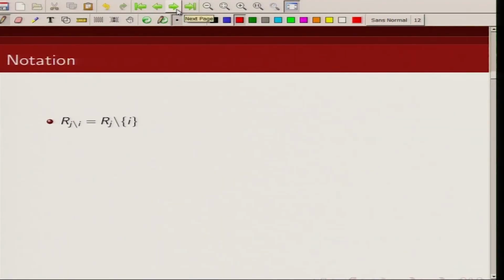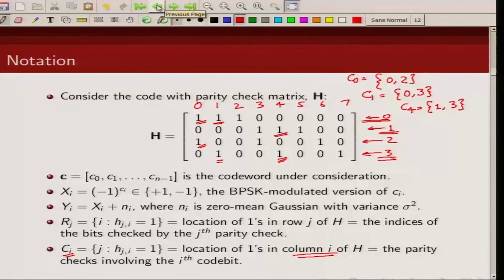Now, we define this set Rj minus a particular element i. So, let us go back. What was R0? R0 was the location of ones in the 0th row. So, that location was 0, 1 and 2.